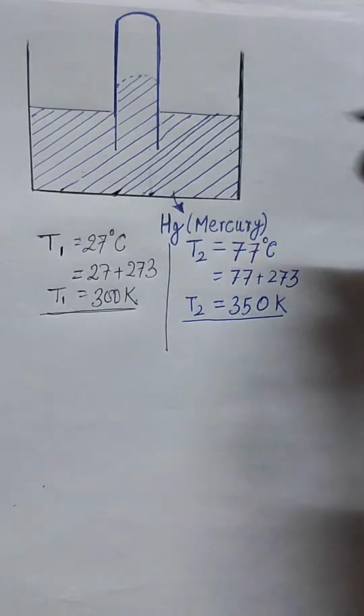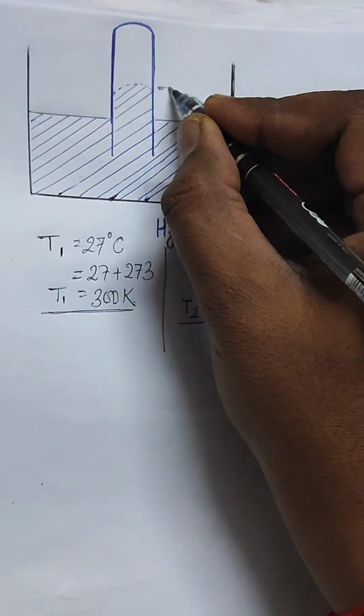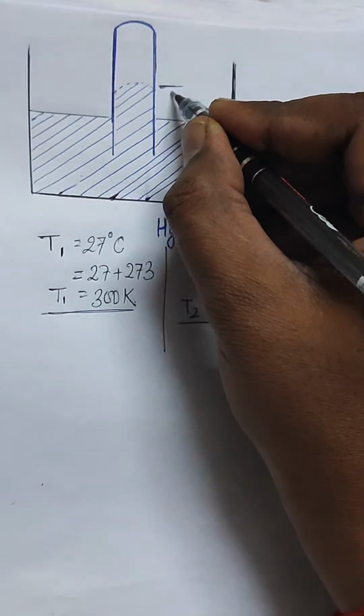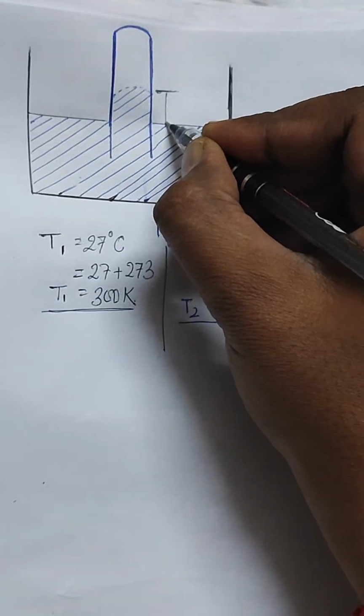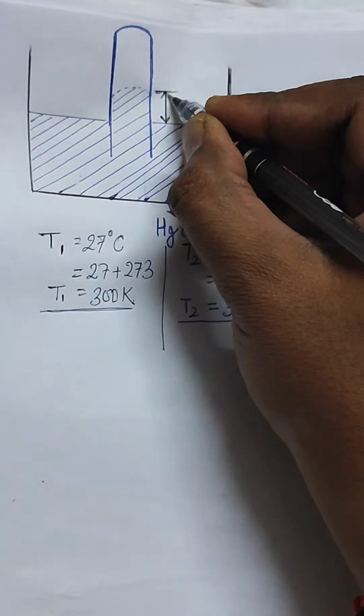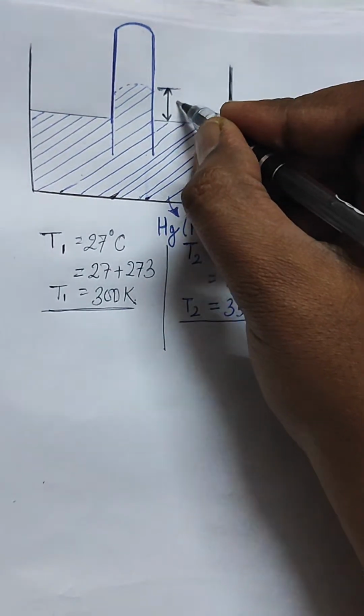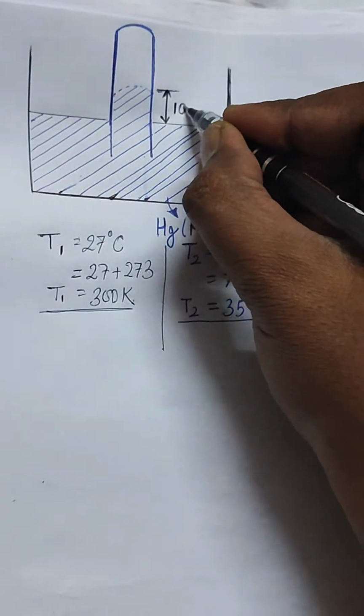In the diagram you have seen, if you consider the level of the mercury in the beginning, the level of mercury elevated inside the test tube is till 10 centimeter.